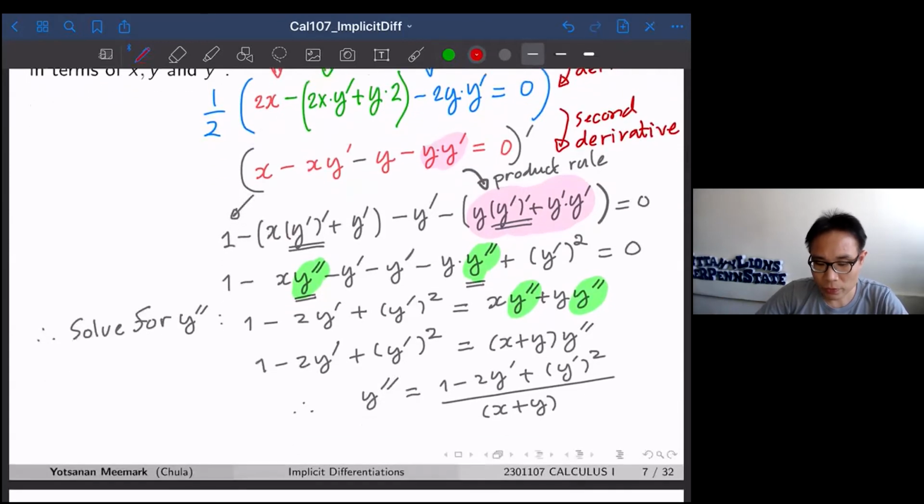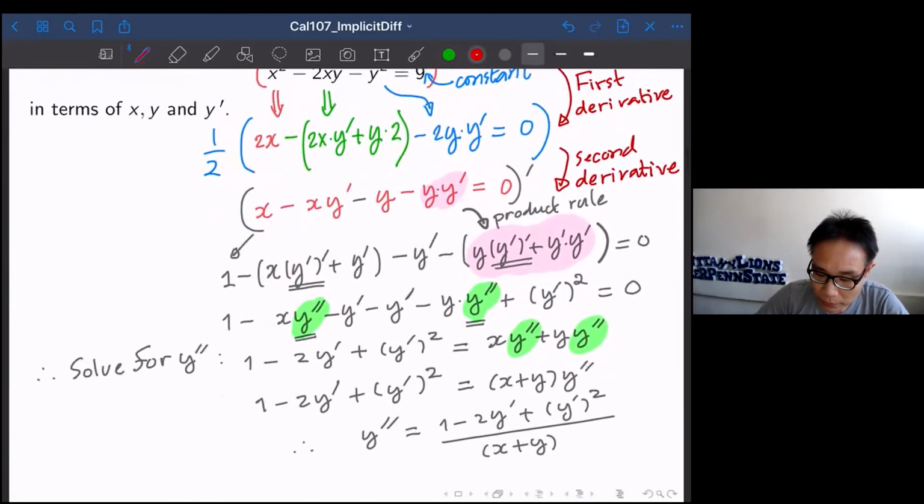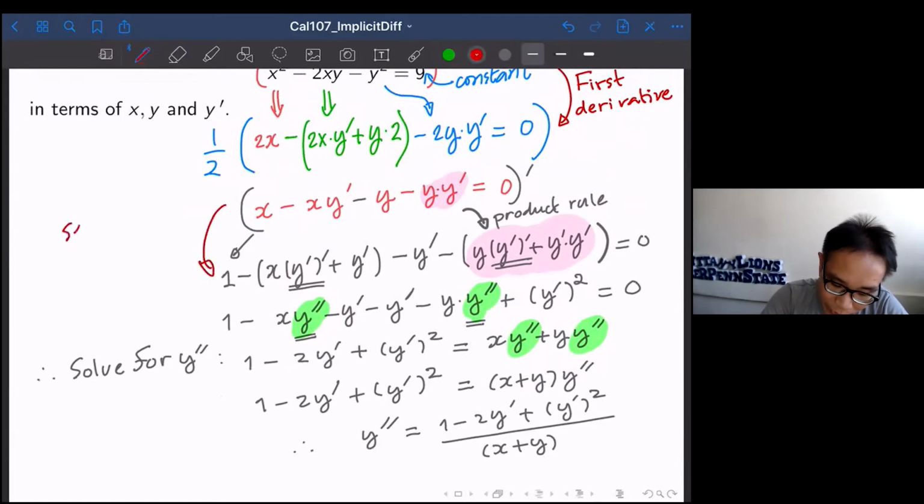And you just solve for y prime. Let me, this one is not the second derivative yet. The second derivative here comes to here. So this one is the second derivative. So you have to differentiate 2 times in this case.